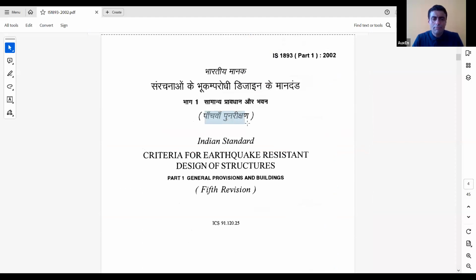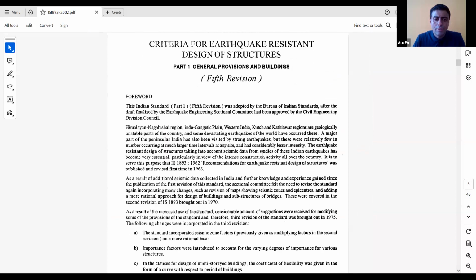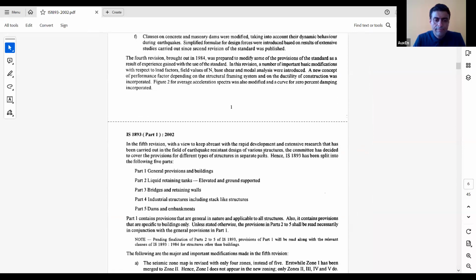You can see the fifth revision. Why fifth revision? Because of 1967, 1970, 75, 84. It was the first time the code was divided into 5 parts.